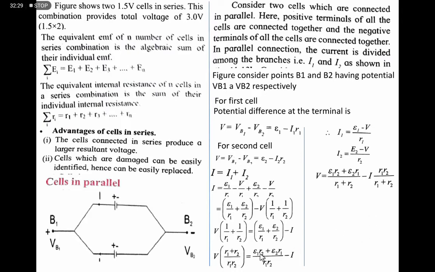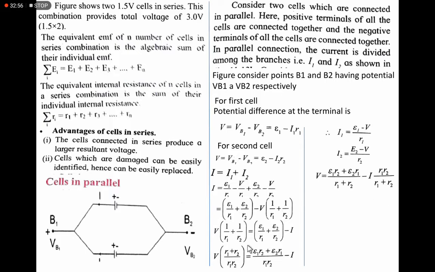So the multiplication terms in the denominator and numerator will cancel, this term and its reciprocal will cancel, and we'll get E1 R2 plus E2 R1 divided by R1 plus R2, and here I into R1 R2 divided by R1 plus R2 will be there.